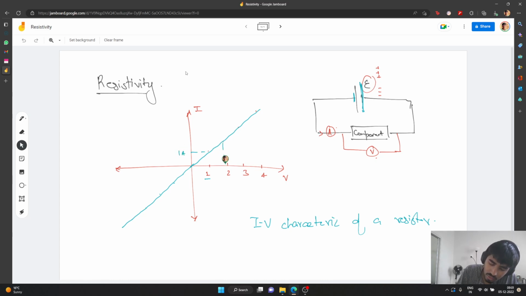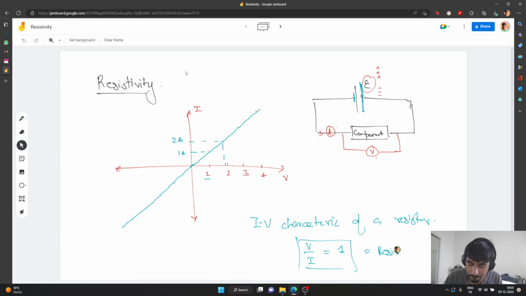If you applied 2 volts, then you got 2 amperes out. So you say that maybe you can find the slope of V by I, and that is equal to 1 in our case, right? And if this slope is a constant, then we say that this is equal to the resistance of this component.